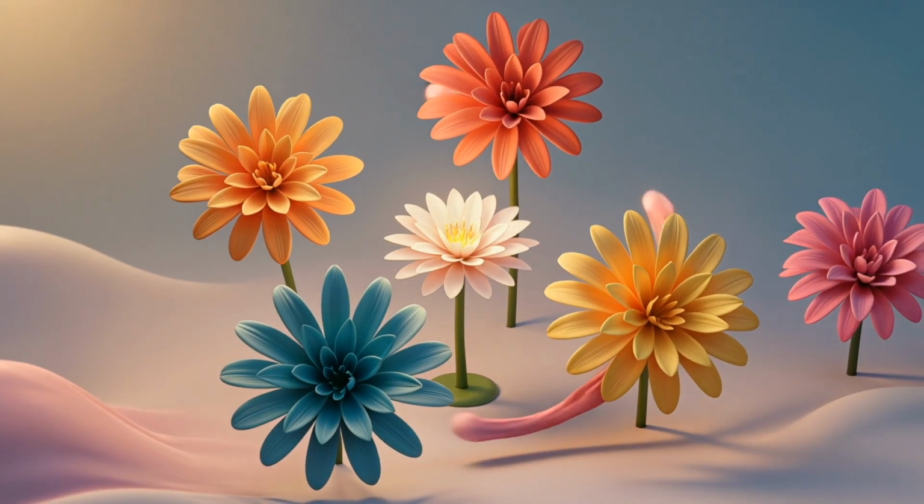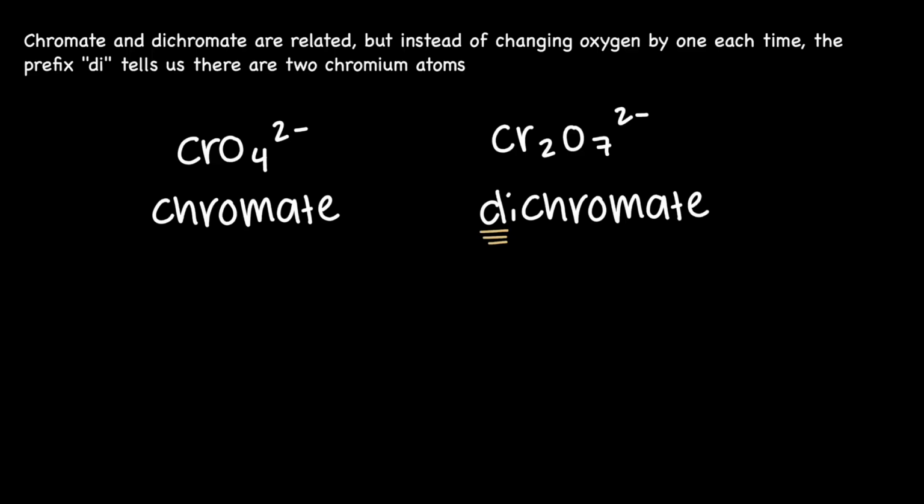Now there are a few exceptions. Chromate and dichromate are related, but instead of changing oxygen by 1 each time, the prefix di tells us there are 2 chromium atoms. Chromate is CrO4 2-, dichromate is Cr2O7 2-. These are best memorized together as their own family.